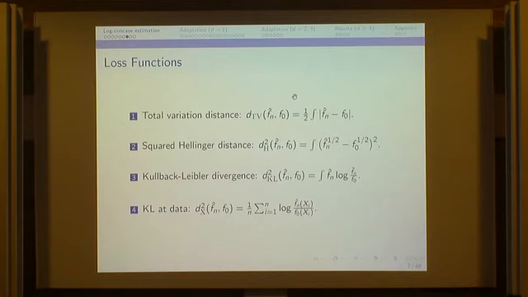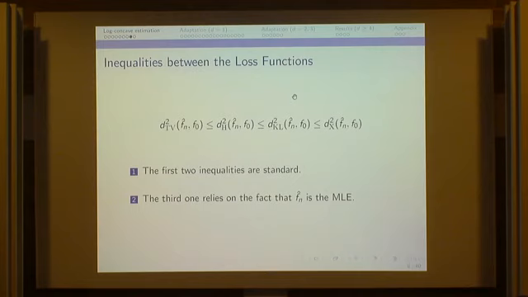Since there are really many different possibilities, in fact there are natural orderings between these loss functions. We know that squared total variation distance is smaller than or equal to squared Hellinger, which is smaller than or equal to KL, which is smaller than or equal to KL at data.